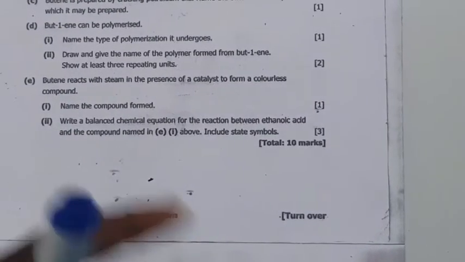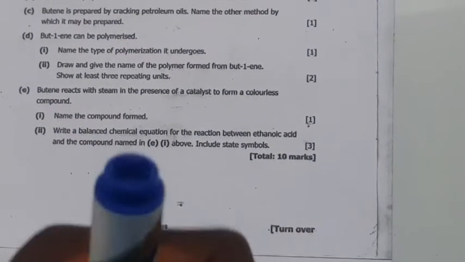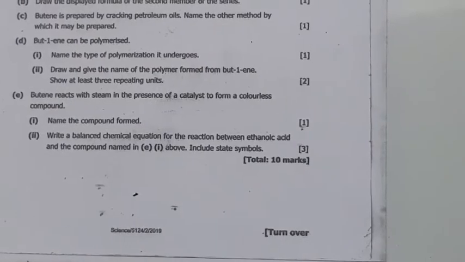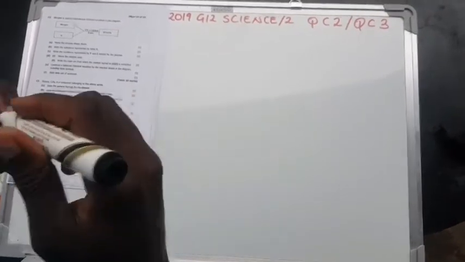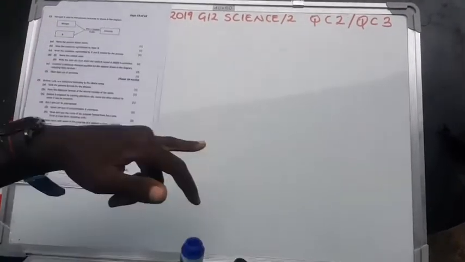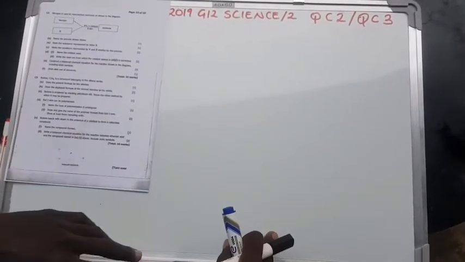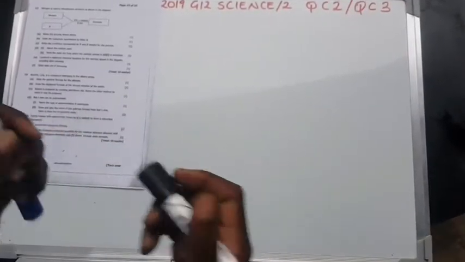So question E2 says, write a balanced chemical equation for the reaction between ethanoic acid and the compound named in E1 above. Indicate state symbols as well. So we know that we've got butanol as one of the compounds. When an alcohol and an acid react, they form an ester. They undergo what we call esterification.